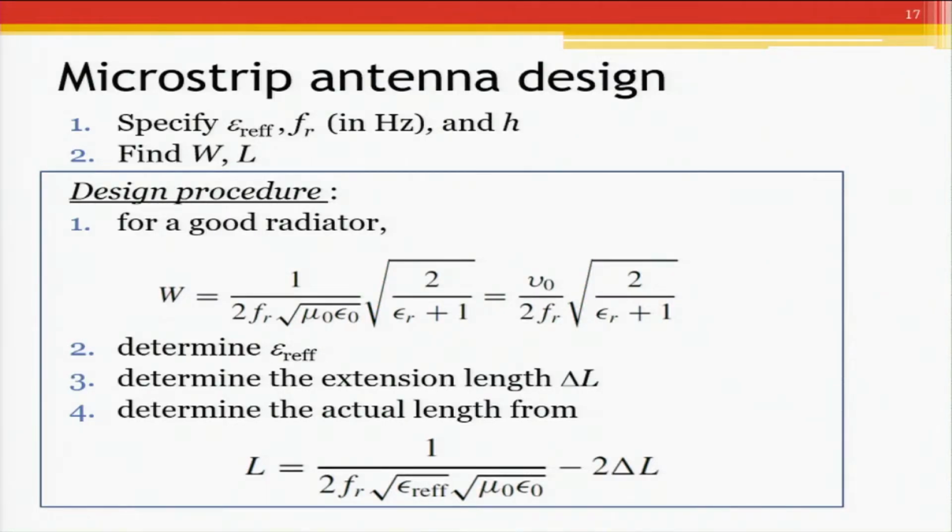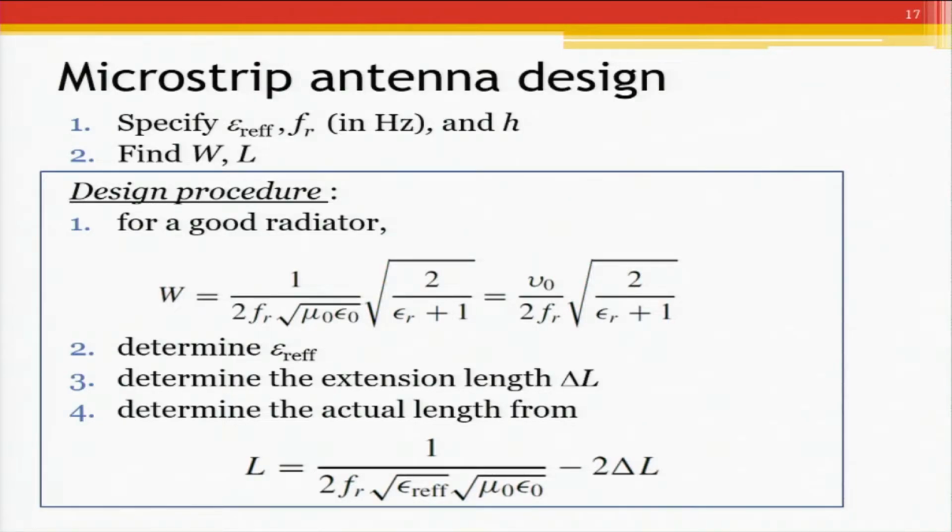Just focus on the procedure, item 4 here. The best size that designers want is close to lambda over 2, so the total effective length would be lambda over 2, minus 2 delta L, and then you get the actual length of the microstrip patch.